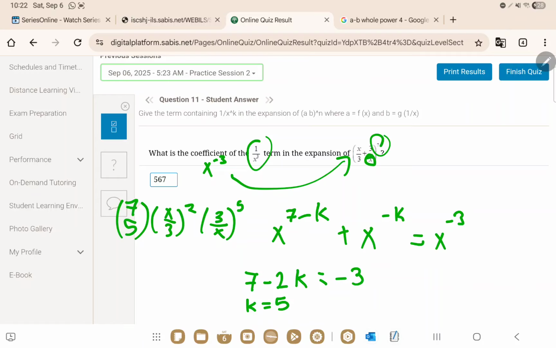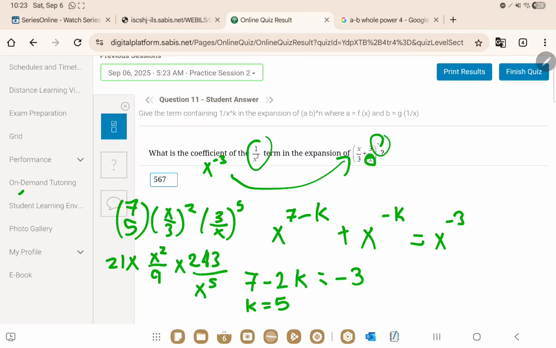And now we solve. 7c5 would be, oh, I wrote 7c5, my bad. 7c5 would be 21 also, into x squared over 9 into 3 to the power of 5, which is 243 over x power 5.